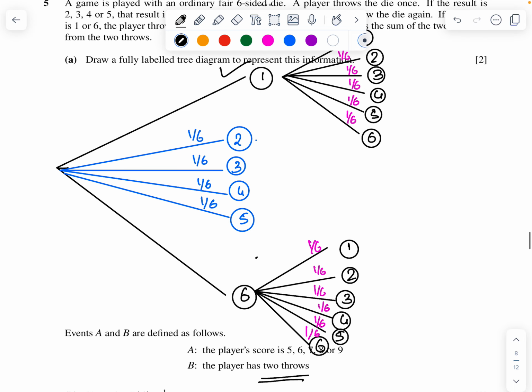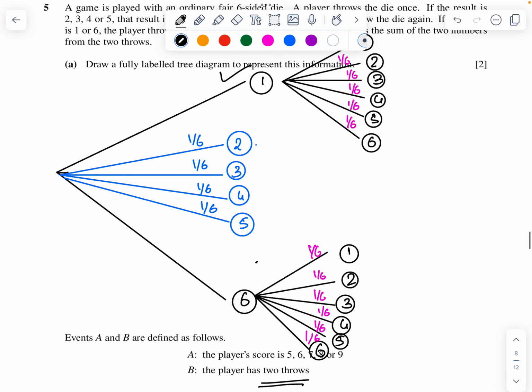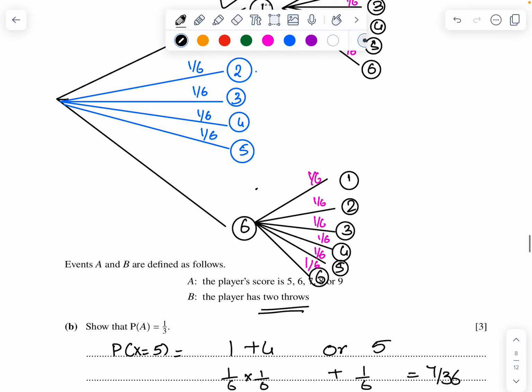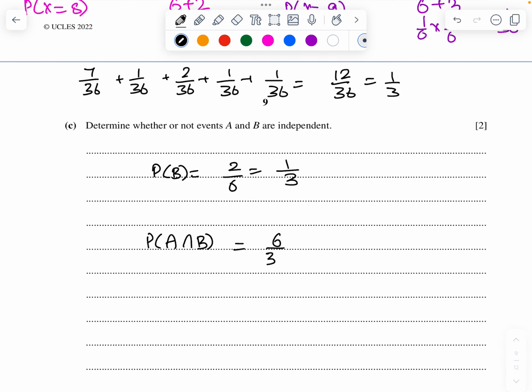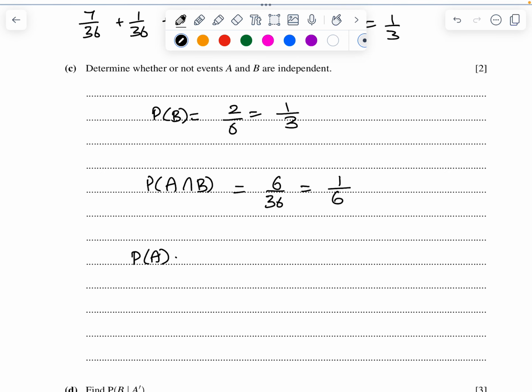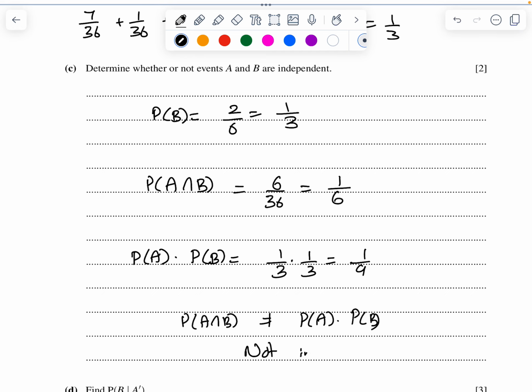How many times can he get these? 6 times, 6 upon 36, which is 1 upon 6. Now probability of A times probability of B is 1 upon 3 times 1 upon 3, which is 1 upon 9. So the probability of A intersection B is not equal to the probability of A times the probability of B. Therefore, not independent. That is the answer.